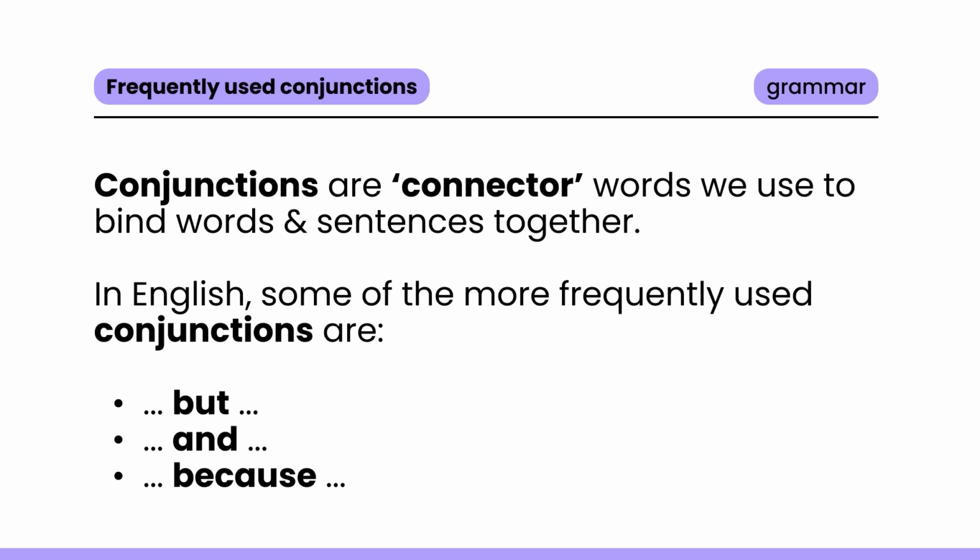Conjunctions are pretty much connector words that we use to bind words and phrases together. In English, some of the most frequently used conjunctions are, for example, the words but, and, or because. Those words are often used to put two parts of a sentence together into one sentence.